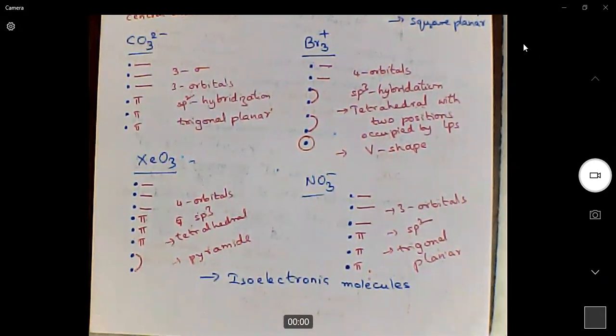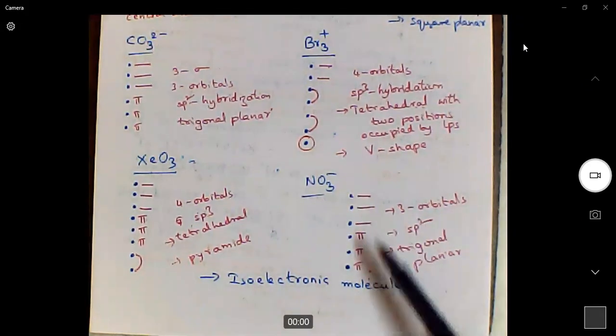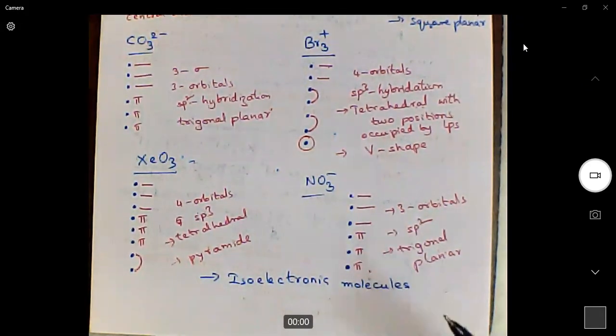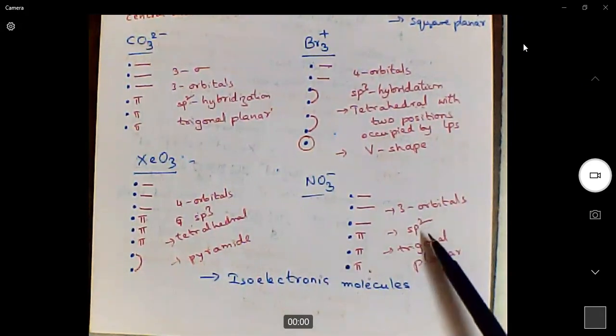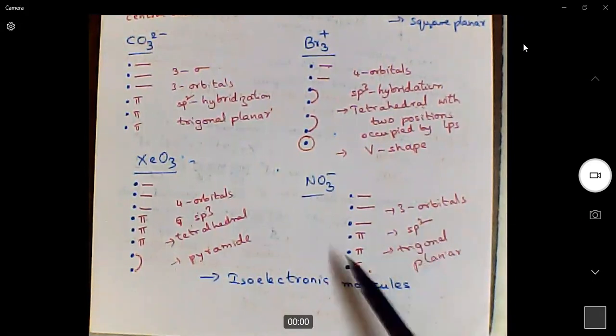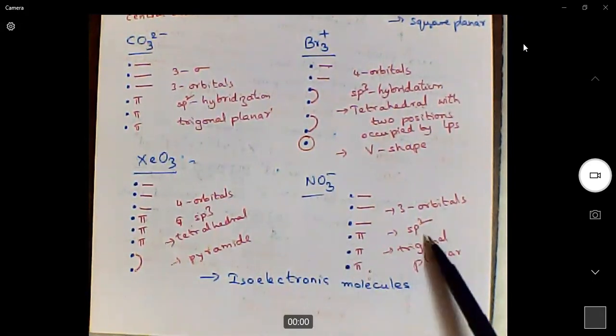The same number of total electrons we count from the atomic numbers. The same number of valency electrons we can count from these rules. So here it is sp2 hybridization. If another molecule is having the same sp2 hybridization with 3 pi bonds, yes, it is an isoelectronic species.